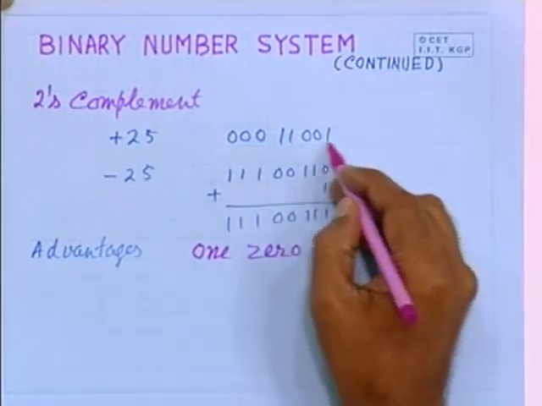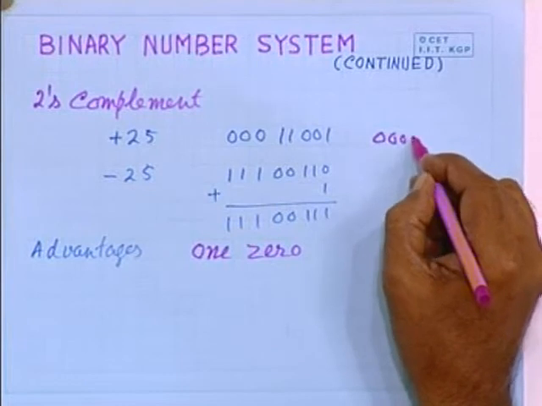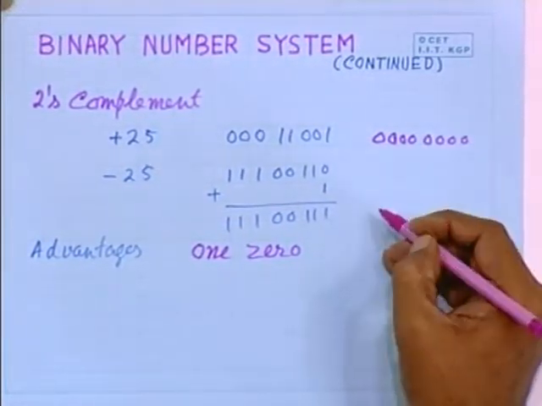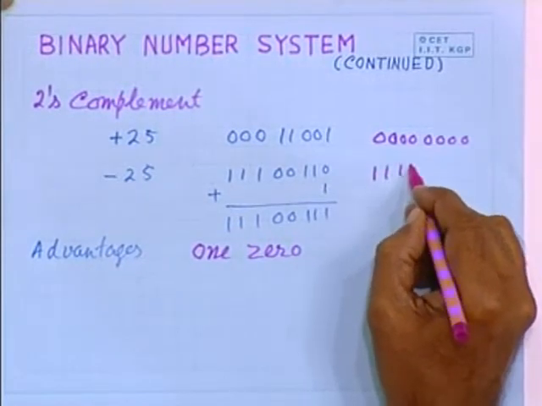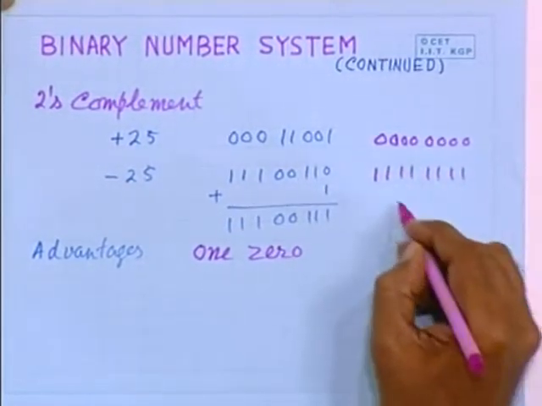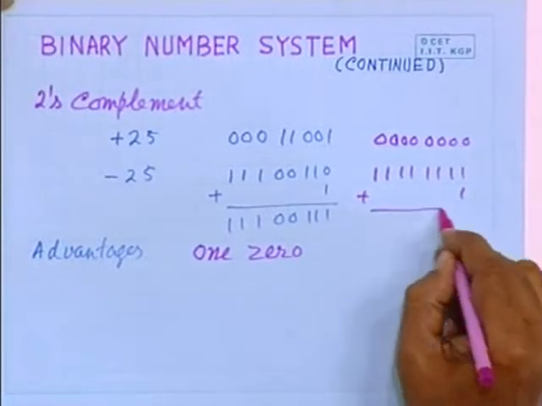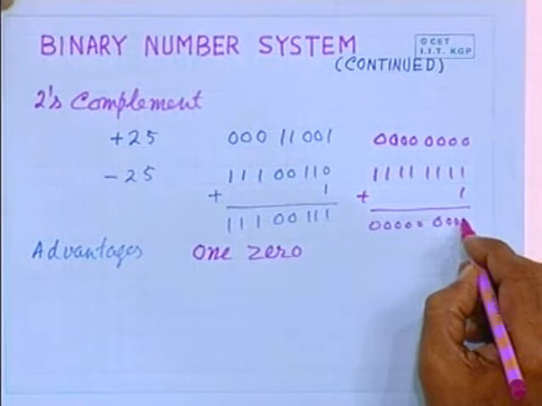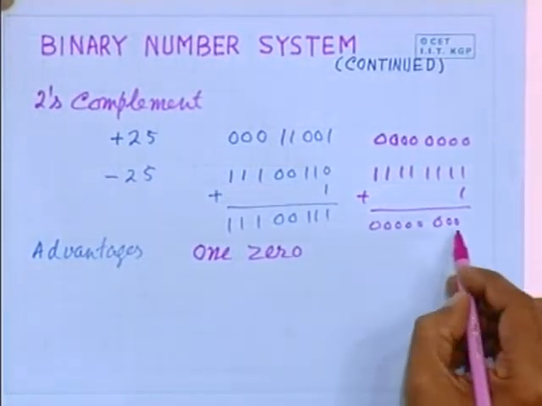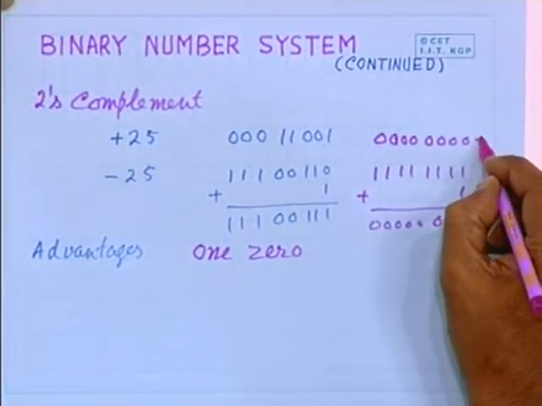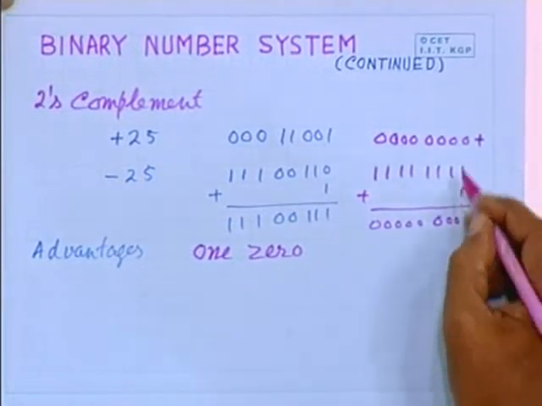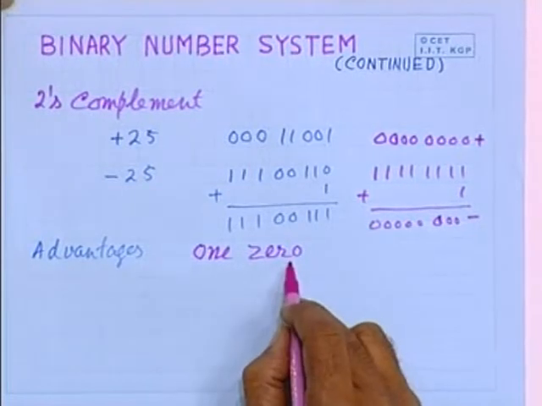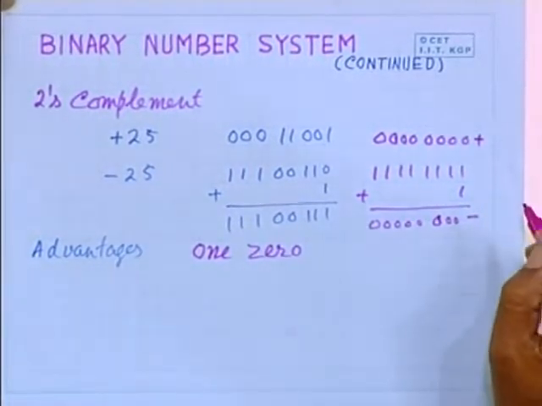For example, for 8-bit, 0 is 0, 0, 0, 0, 0, 0, 0, 0. Now suppose you do the bit by bit complementation and then add 1, you again get 0, 0, 0, 0, 0, 0, 0, 0. So the positive and negative zeros have the same representation. That's why it has got only one 0 representation in 2's complement number system.